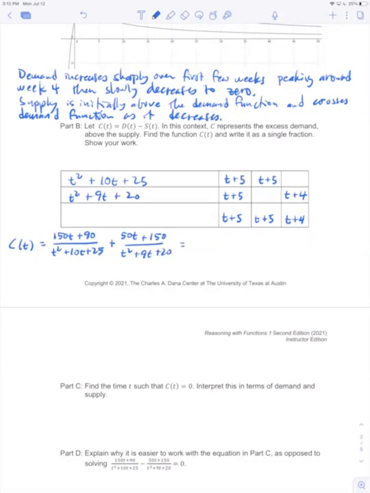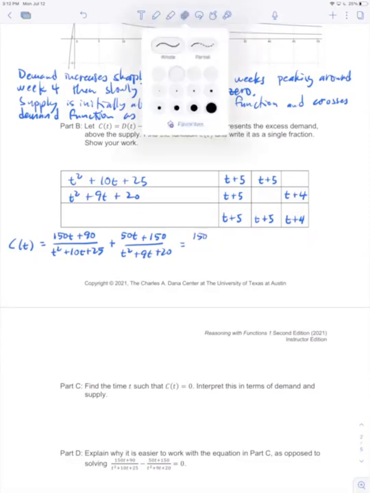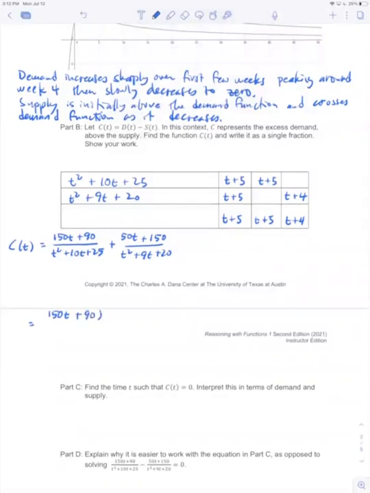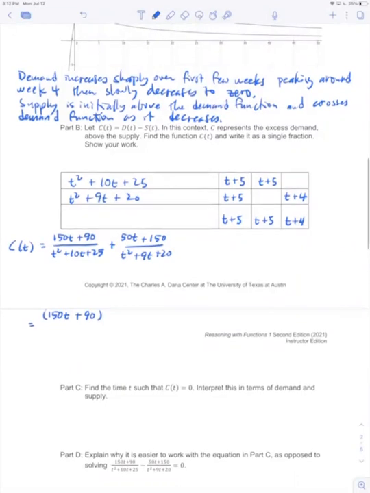So let's see what we're going to need. I'm going to write this underneath. Whoops, might not have enough room there. I'm going to write it here, equals. And then the numerator is going to start out being 150t plus 90. And this has a t plus 5 squared.